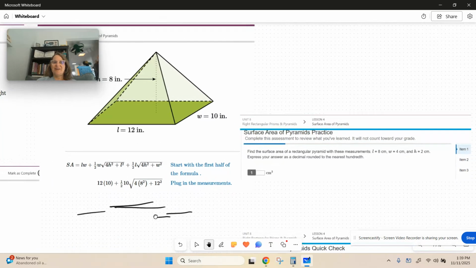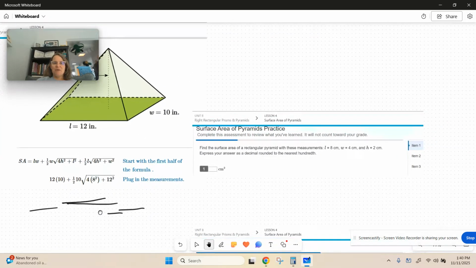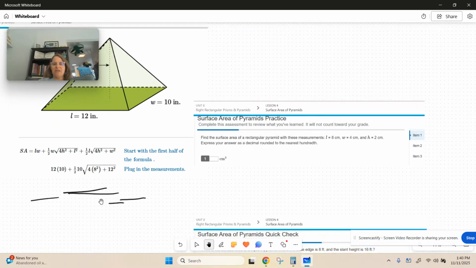All right. Find the surface area of a rectangular pyramid with these measures: length is 8, width is 4, height is 2. I'm going to write this horrible formula down.